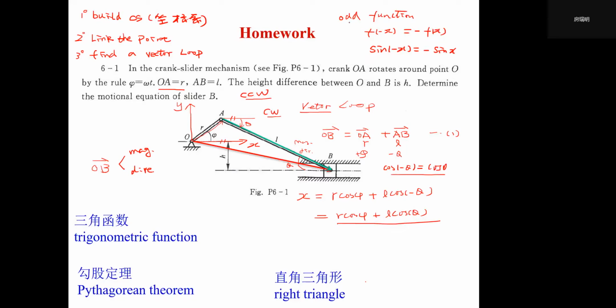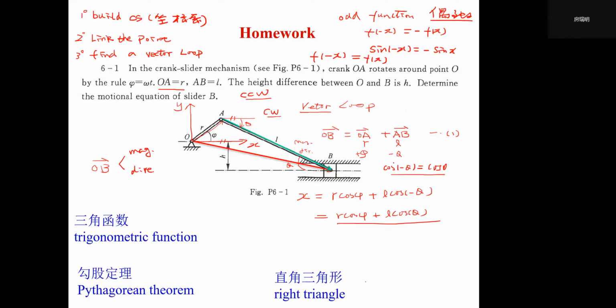Cosine x is not an odd function. Actually, it's the opposite of an odd function. We Chinese call that 偶函数, an even function. When we talk about an even function, it means f of minus x equals f of x, just like cosine.